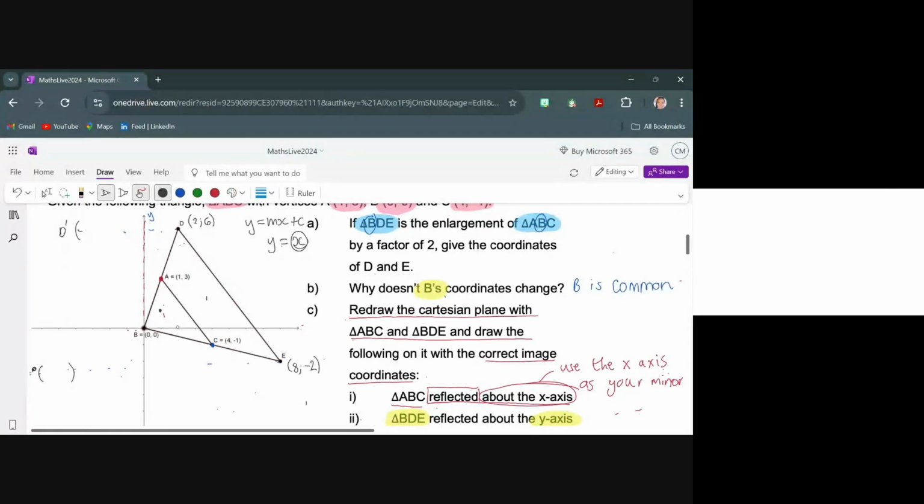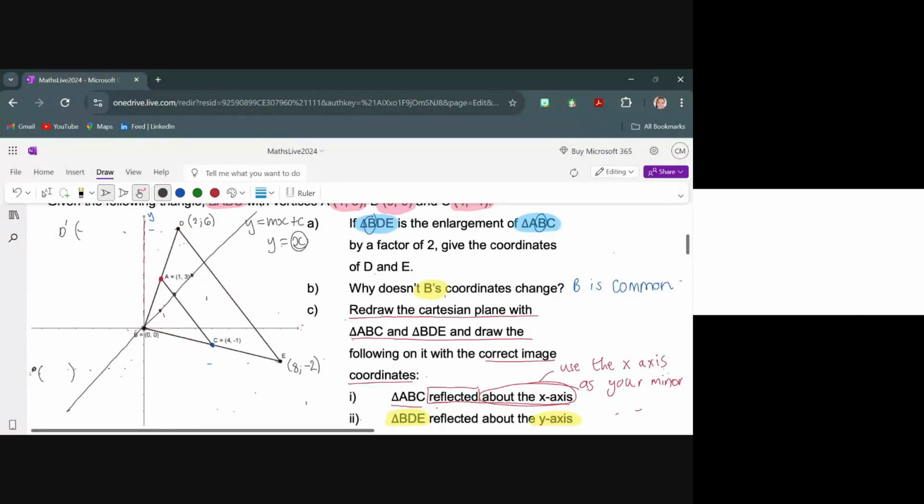If x is 3, y will also be 3. And I can draw a straight line through the origin, because if x is 0, y is 0. So my line will look like that. Thumbs up. Yes?